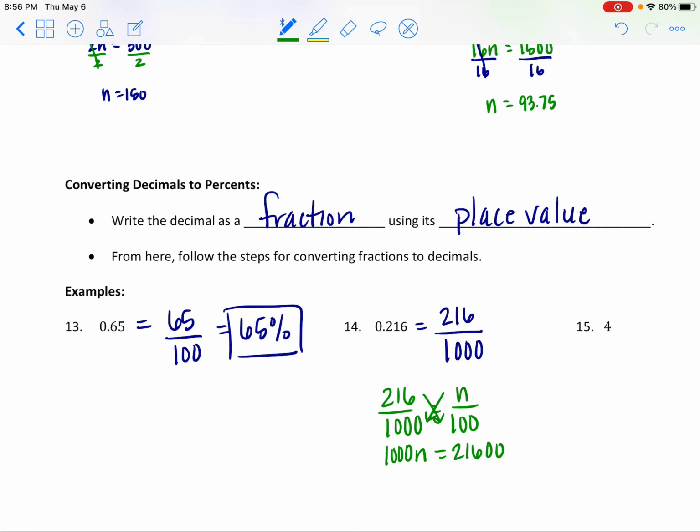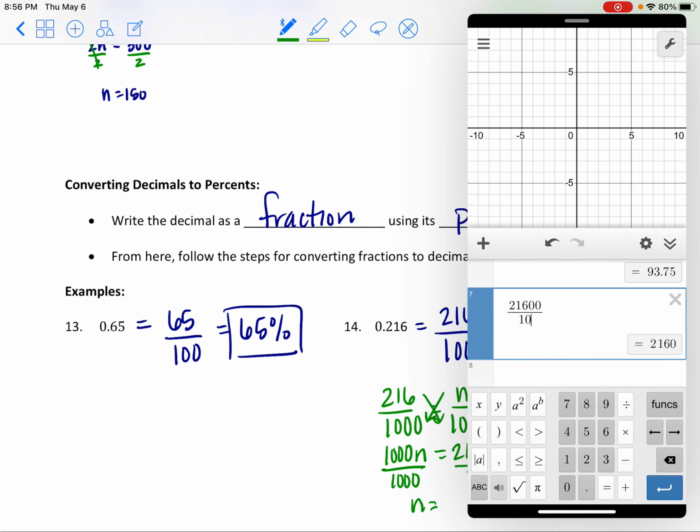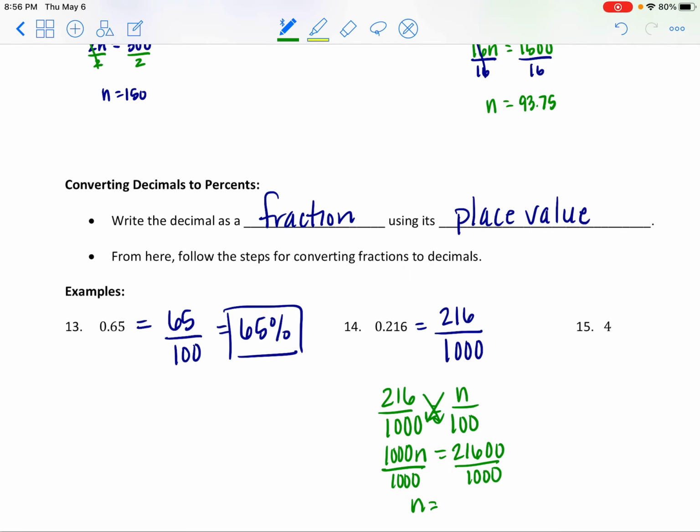If I divide my 1,000 over, what's going to happen is, you're going to see it, 21,600 divided by 1,000 just moves the decimal and makes this 21.6.